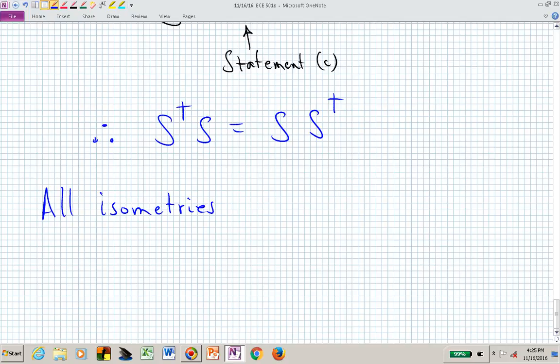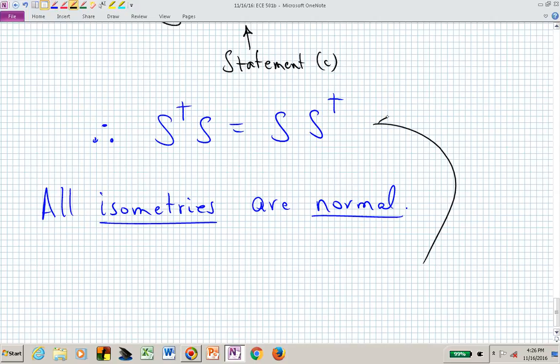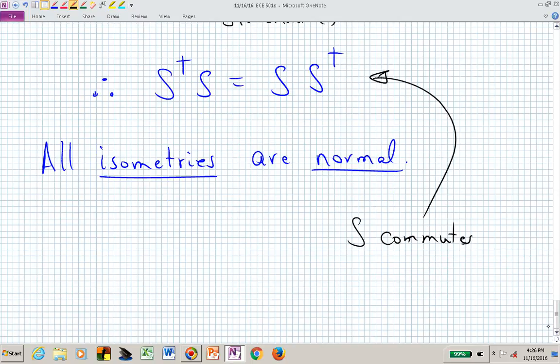And if we have operators that commute, then we say that they are normal. So all isometries are normal. That's because S commutes with its adjoint S dagger.